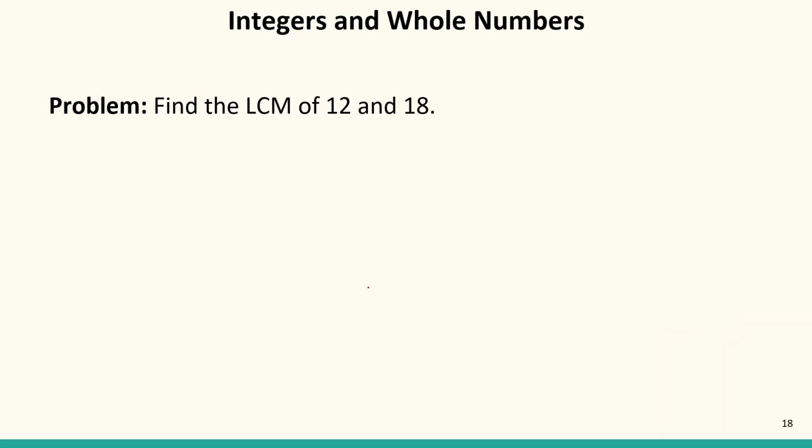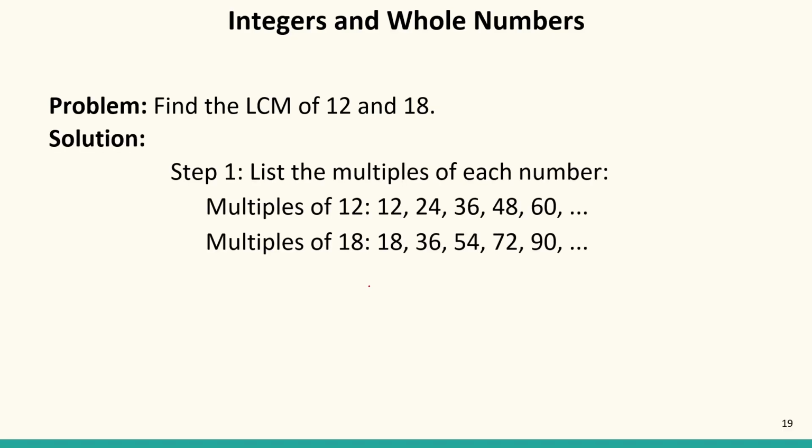So find the LCM of 12 and 18. Okay, in order to find the least common multiple, we need the list of multiples of each number. So here you can see that we have the list of multiples of 12 and 18, that is 12 into 1 is equal to 12, 12 into 2 is equal to 24, 12 into 3 is equal to 36, 12 into 4 is equal to 48, and then 60.